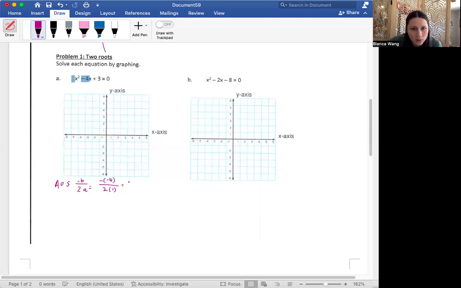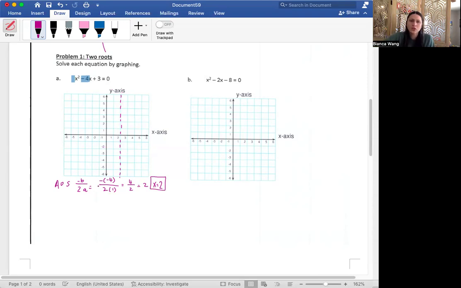When we divide, we have 4 divided by 2, and that is 2. So the axis of symmetry is cutting through the x-axis at +2. I recommend every single time you do this, draw that dotted line vertically through +2. Really what this is saying is x equals 2. That is the axis of symmetry.